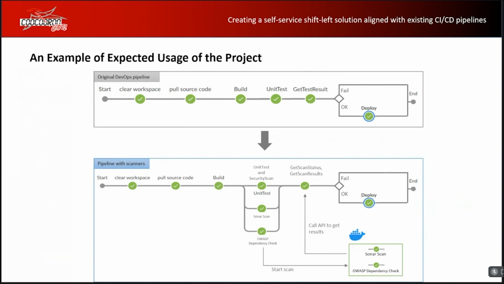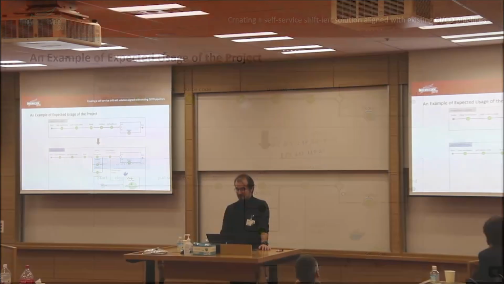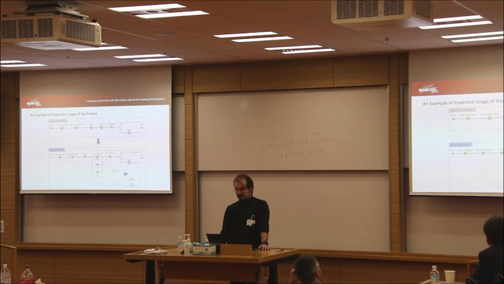Looking into more detail, the original existing DevOps pipelines clear the workspace, pull the source code, build the project, run unit tests, get test results, and decide whether the tests passed or failed. Then it goes to deploying the code, ready to be released or not, to the pre-prod environment.